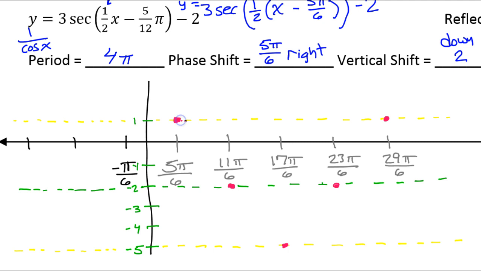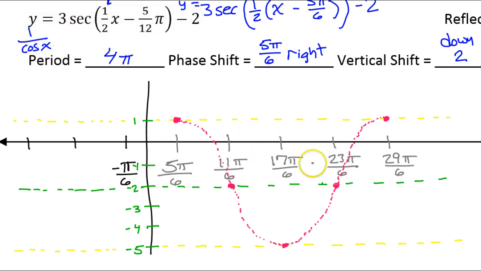I'm just going to very lightly sketch it, just as lightly as I can in a very dotted nature. Very delicate, very dainty, because this is not the real graph, so I don't want it to get too much attention. But I need it in order to draw the real graph, which is secant.